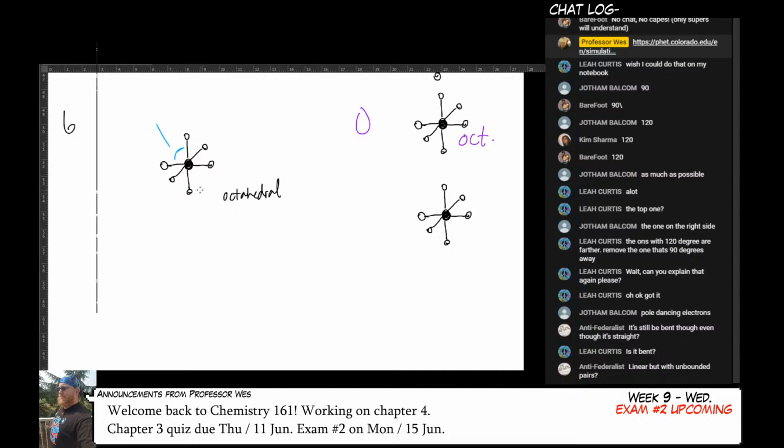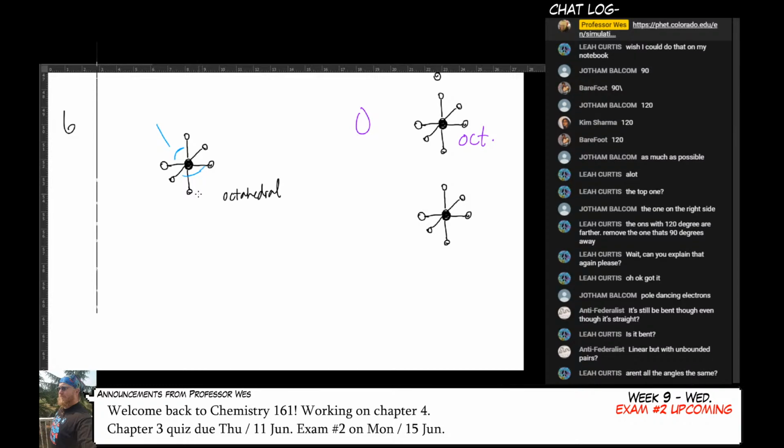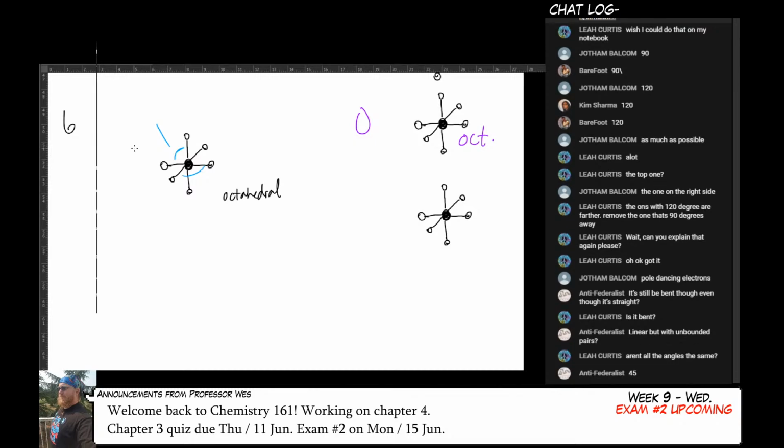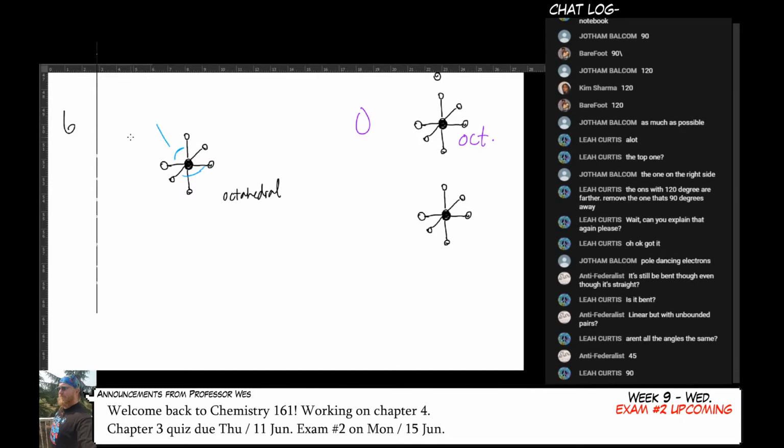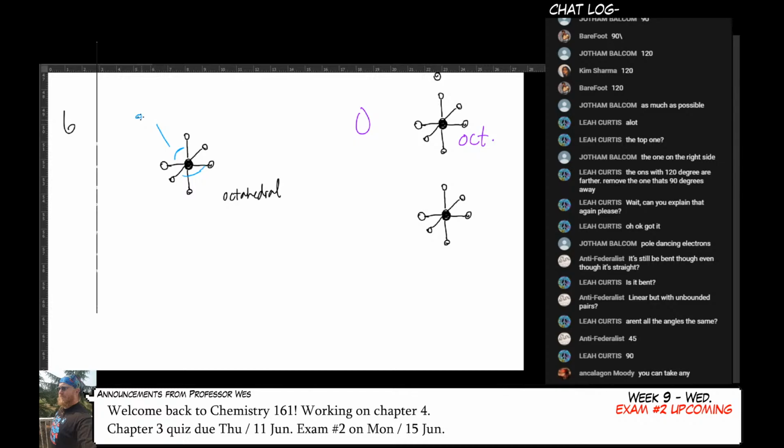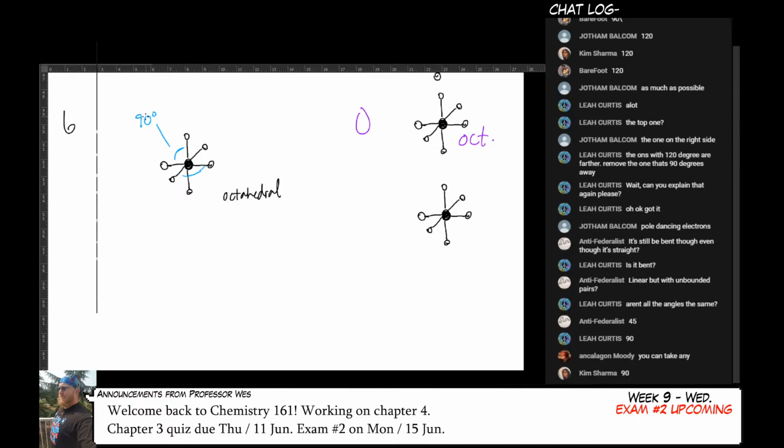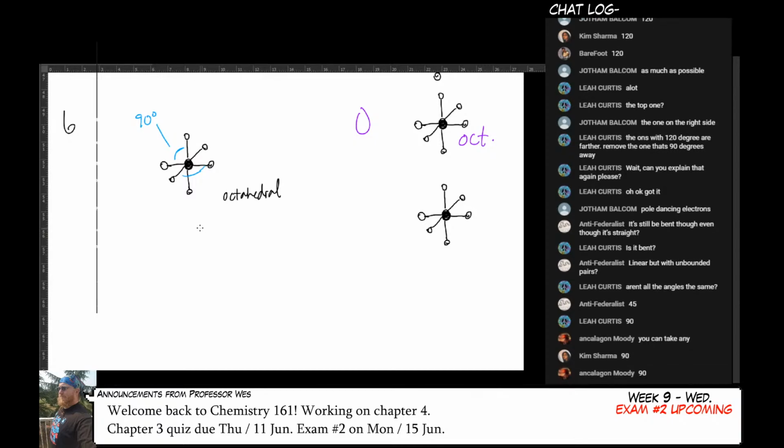What is this bond angle here? And then what would this bond angle be? Yeah, aren't they all the same? What are they all? It looks pretty straight lined up to me. Yeah, they're all 90 degrees. 45 would be half of that. So if they're all 90 degrees, I can take whichever one I want.